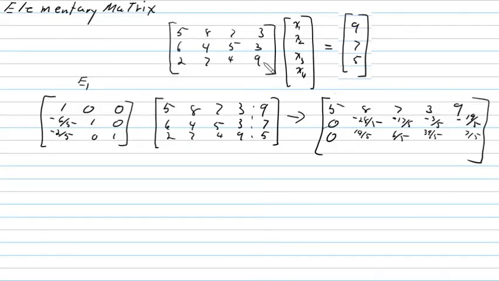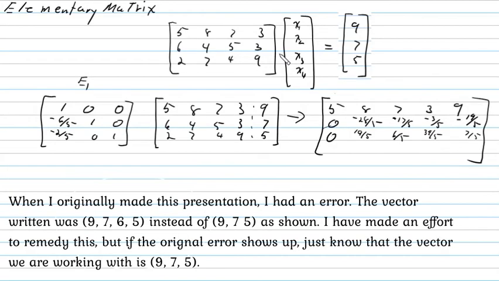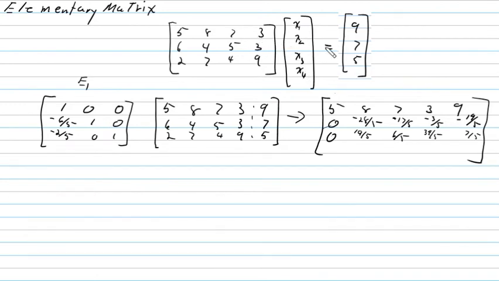Let's apply what we've just discussed to this problem. Let's suppose you have a system of equations and you're asked to solve it. And so what you do is you create the corresponding matrix equation. You have your matrix here, and then you have this vector which will represent your solution. And of course you're looking for what vector here will give us this solution, such that this matrix times this vector gives us this one.